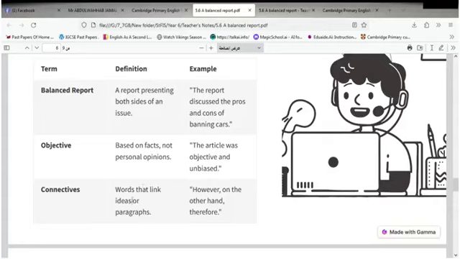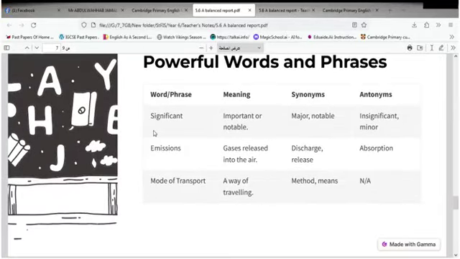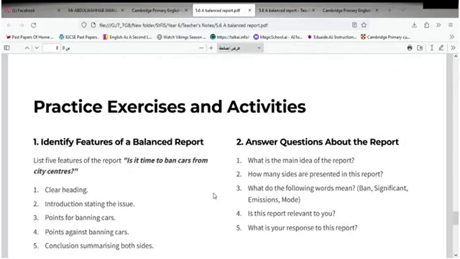Connectives are words that link ideas or paragraphs: however, on the other hand, therefore, besides, in addition to. Significant, important or notable. Emission, they are gases released into the air. Mode of transport, a way of traveling.